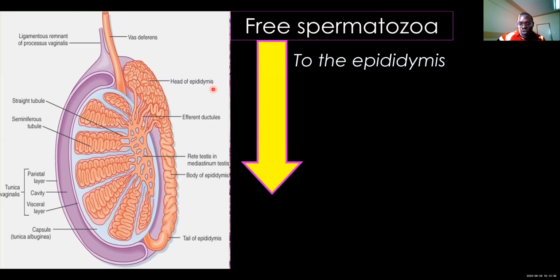Now, what happens to the sperm when they are in the epididymis? First, they'll be stored. Sperms are stored for about 2 to 3 months in the male reproductive tract. It tells you why, if a man undergoes vasectomy today for the sake of contraception, you don't tell them tomorrow you're good to go.